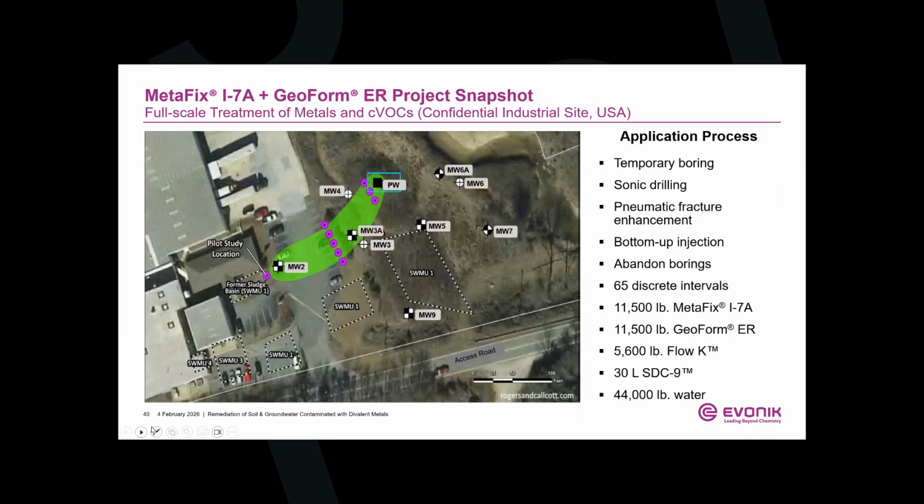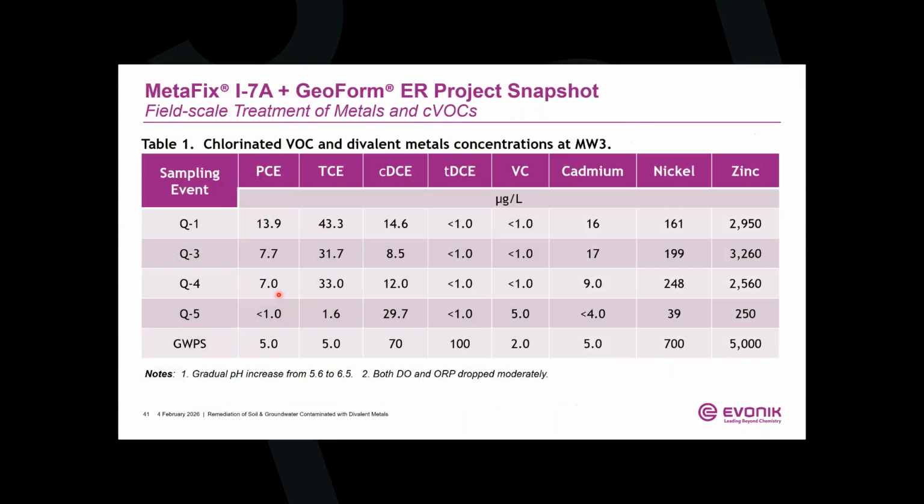And very nice, and oh, sorry, I should point out, we're looking at MW3A for the performance data. So here at MW3A, we have quarterly monitoring showing very nice reductions in all the chlorinated ethenes, but we're talking about divalent metals, so let's look at that. Cadmium reduced to below the groundwater protection standard. Nickel was already below, but substantially reduced in addition to the fact that it was below the treatment standard.